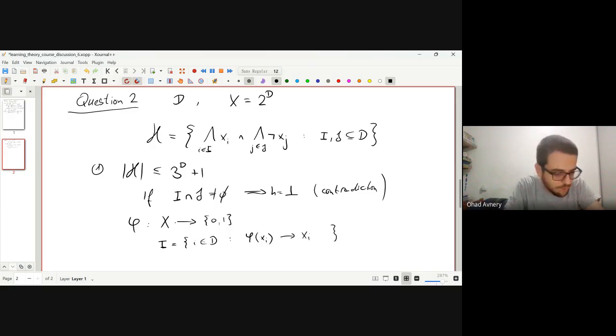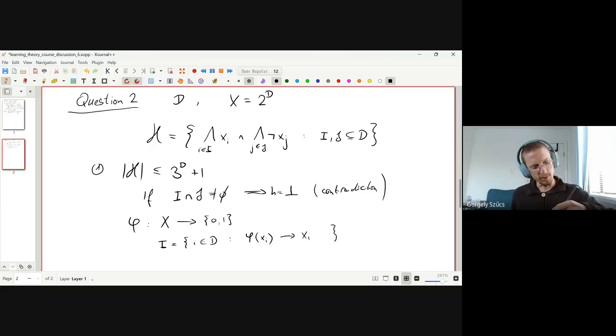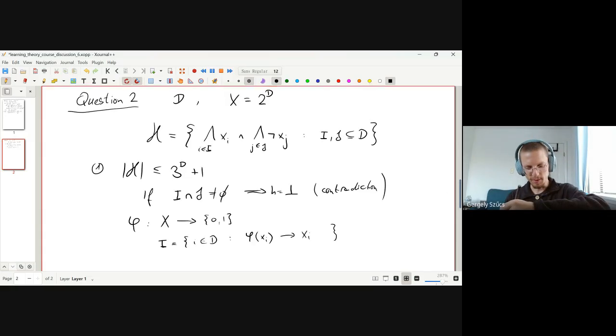We're just trying to show it's less than or equal. But I guess it turns out it is, so maybe just for the sake of time, we can take it a little briefer.